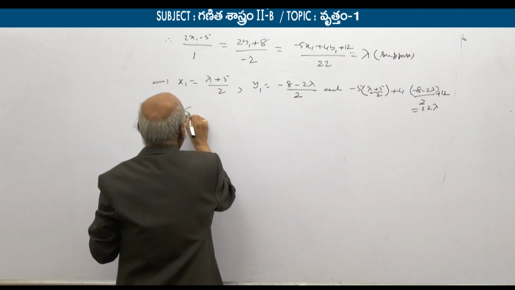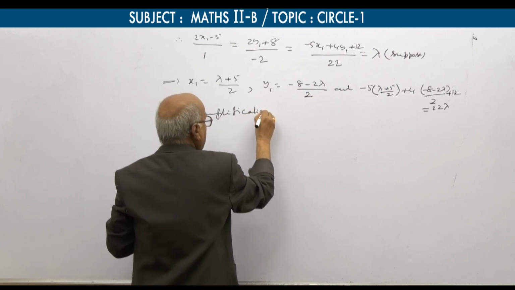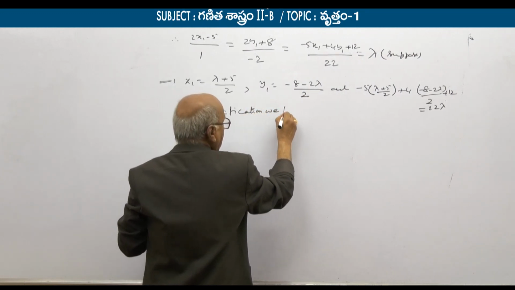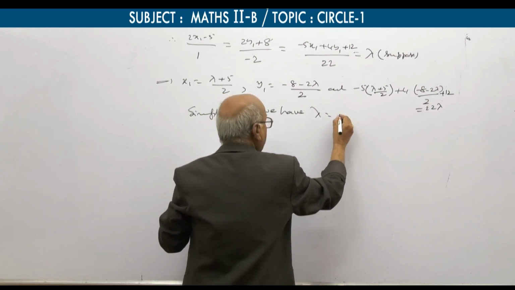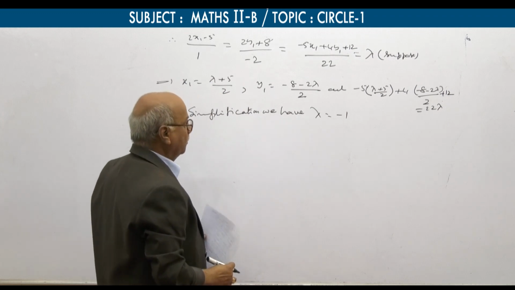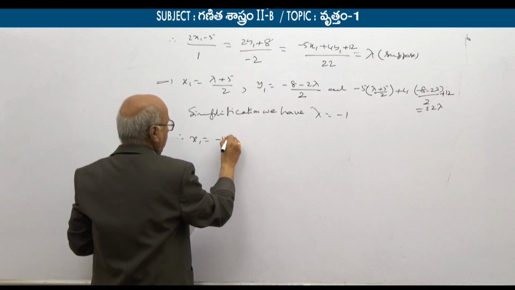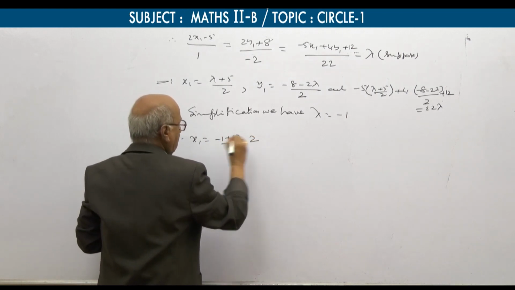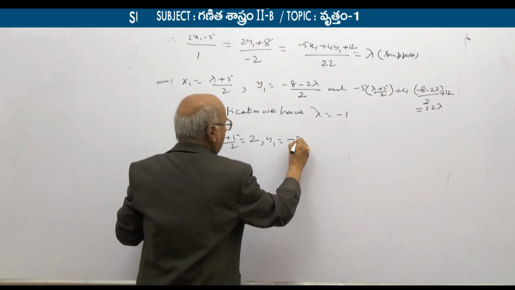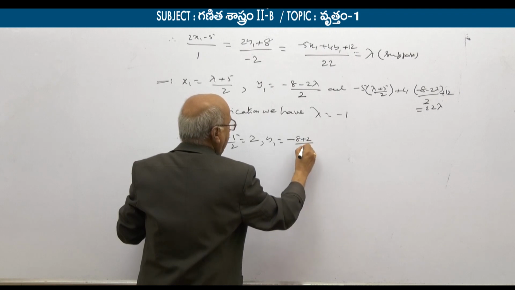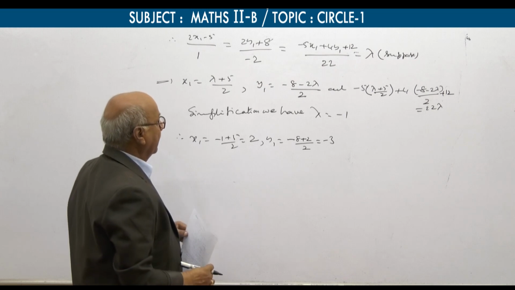So, on simplification we have lambda is equal to minus 1. Therefore, x1 is equal to minus 1 plus 5 by 2 which is equal to 2, and y1 is equal to minus 8 plus 2 by 2 which is equal to minus 3.